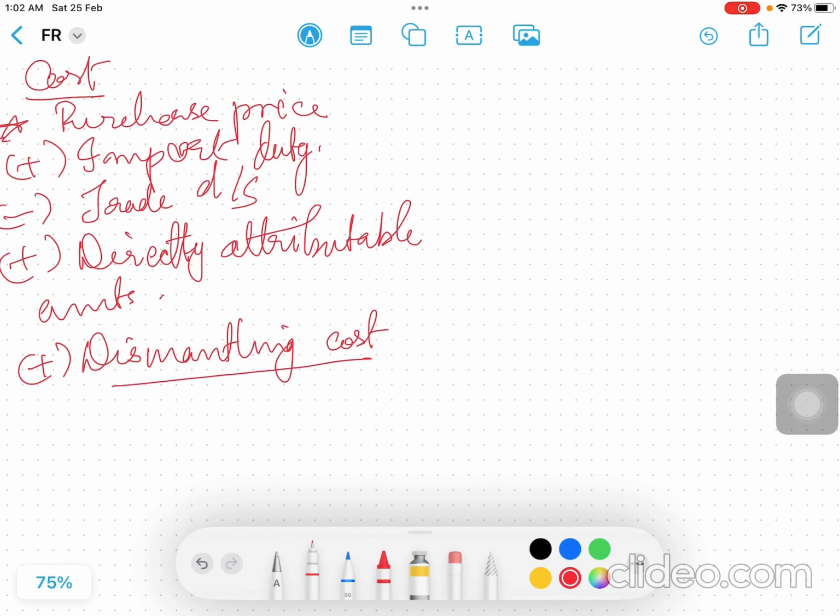The dismantling cost is basically the cost that you incur after you have used the asset to its maximum level. After you use an asset to its maximum, you dispose of the asset, and in order to dispose of it, you may have some extra cost in the future. All those costs which you incur so that you can dispose of the asset are called the dismantling cost.